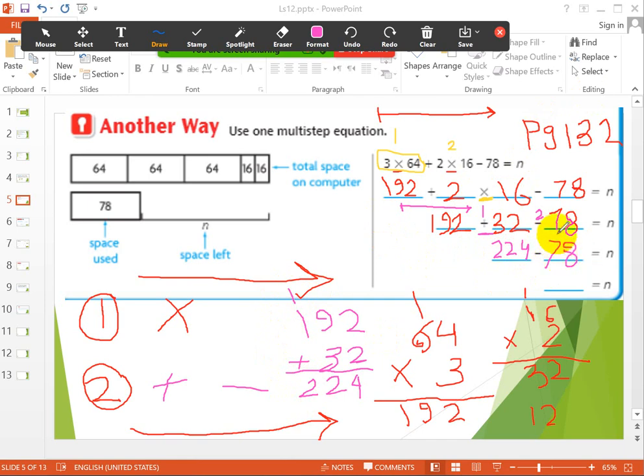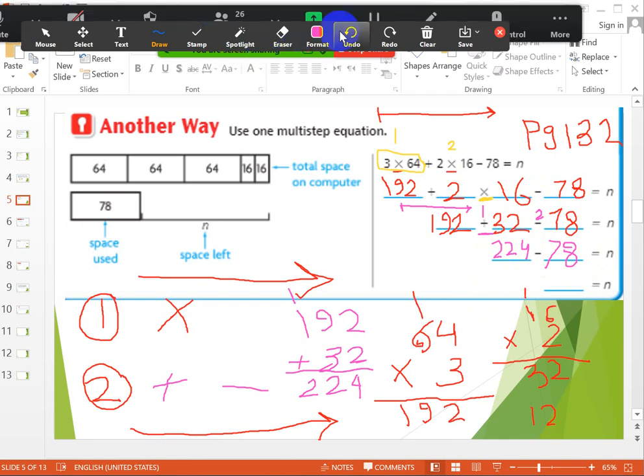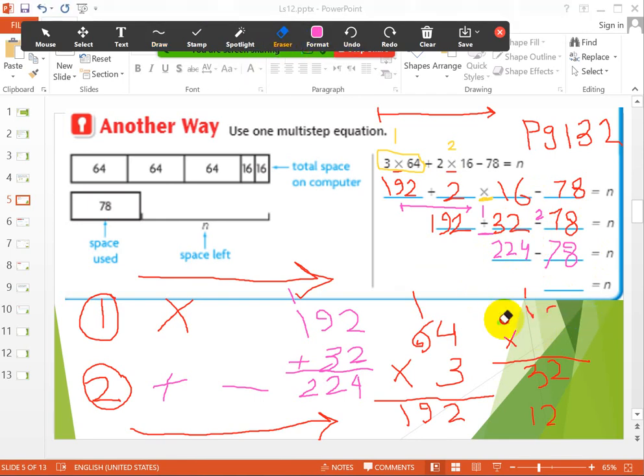Now I will do the next one. What it is? The operation subtraction here. So I have to subtract between what? Between 224 and 78. Let's subtract 224 minus 78. 4 minus 8, I can't. Here I have to borrow from the 2.